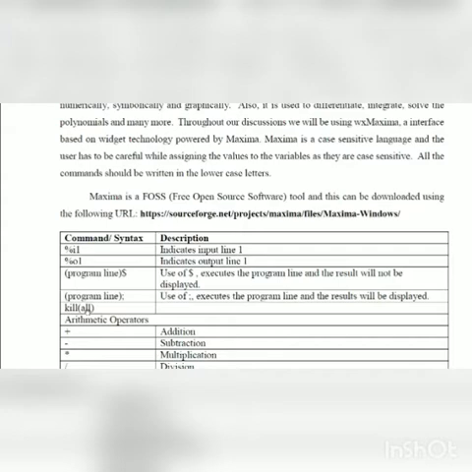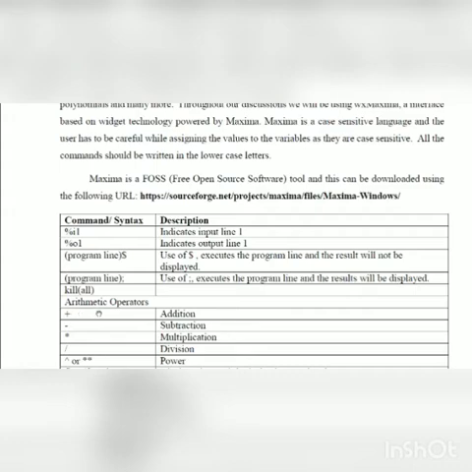Before starting any program, you have to use the command killall, so that if you have knowingly or unknowingly assigned some value to variables, that will be erased and will not trouble your program. After writing killall, you have to give either dollar or semicolon. Always use dollar after killall.